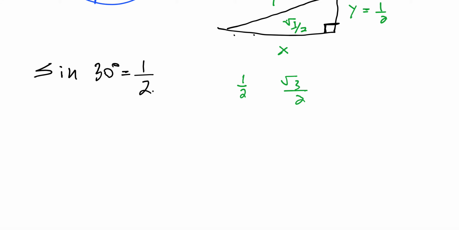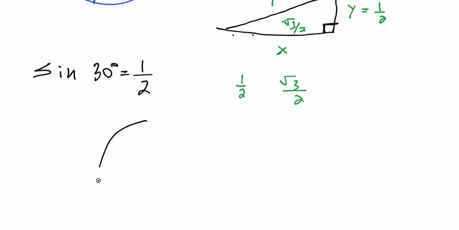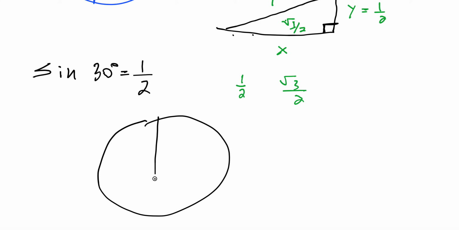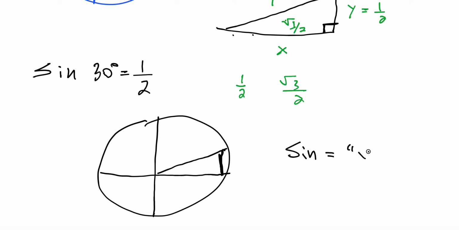Okay. I'll tell you why that helps me out. First of all, sine is all about the y. Sine is all about the y-axis. Sine's the height.